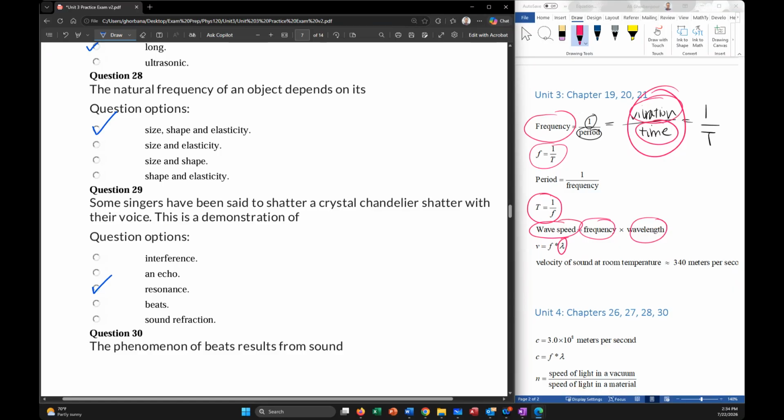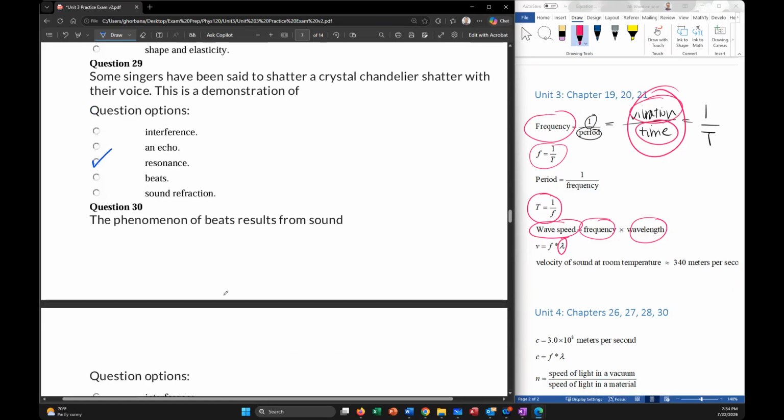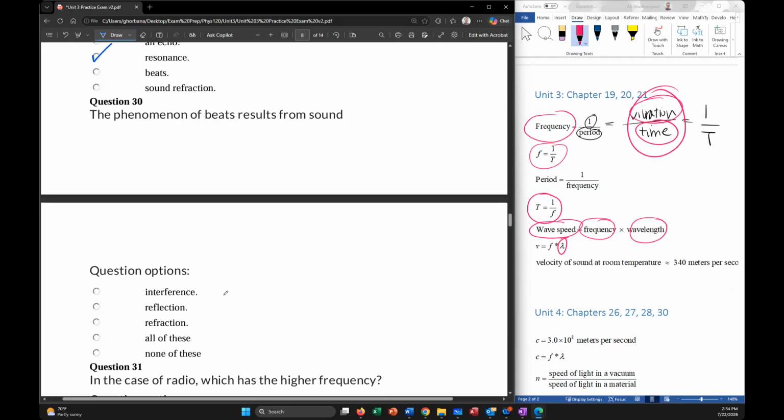We call this phenomenon resonance. So the right answer for this question is resonance. Question 30. The phenomenon of beats results from sound interference, reflection, refraction, all of these, or none of these?